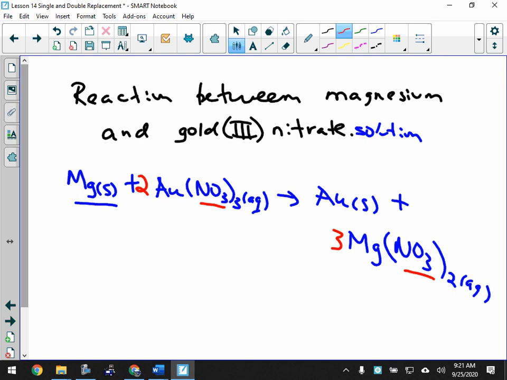Good? Yes? Then, of course, I'm going to have to go back and fix the magnesium and the gold here. I got 3 magnesiums there, 3 magnesiums here, because remember that 2 only goes to the nitrate. So 3 magnesiums there, 2 golds, 2 golds. Yes? Is that good? Questions?